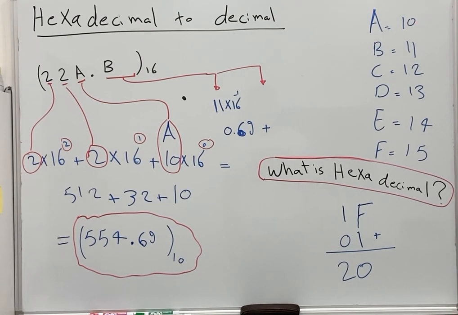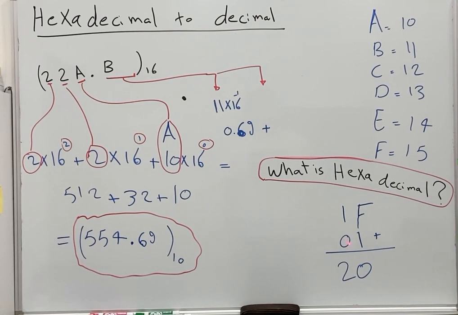So we use A for 10, for example, because in decimal we have 2 digits here, but here, because it's 16, we will have A, and B will equal 11, C will equal 12, D will equal 13, E will equal 14, F will equal 15. For example, if we have F in the first bit and 1 in the second bit, how can we add just 1 to them?